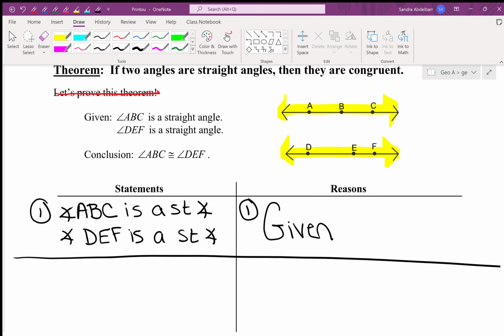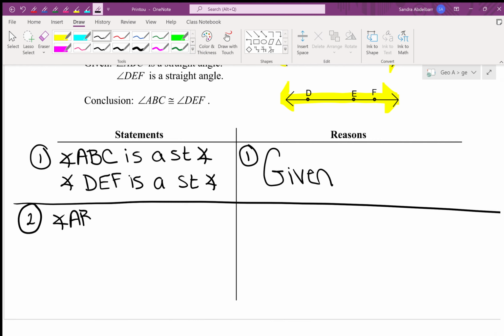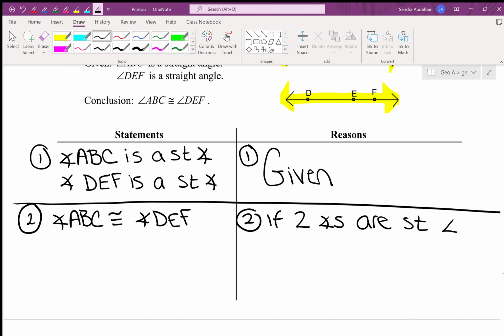Yeah, so we can now use that theorem since we already declared that we have straight angles. So angle ABC is congruent to angle DEF. And our reason is going to be if two angles are straight angles, then they are congruent.